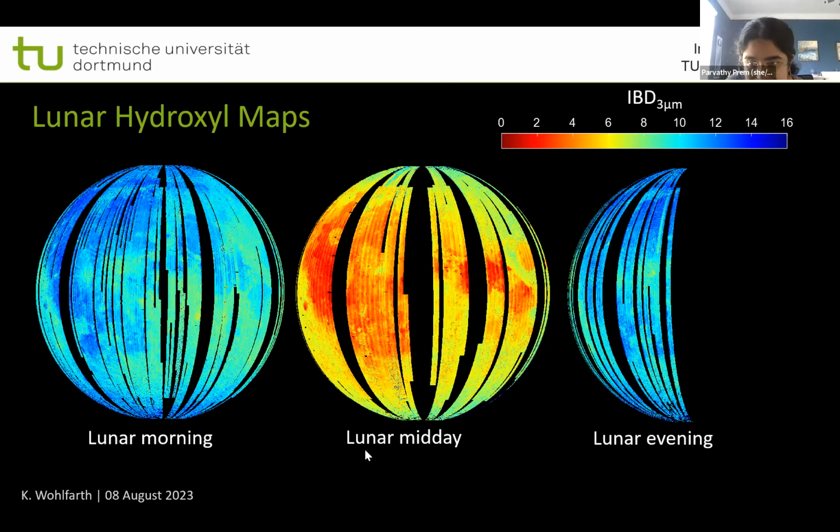But okay, so we have one question in the chat from Stefano Bertoni, who asks, when you talk about rough or smooth, what baselines or resolutions are you considering? So for the smooth model, smooth is flat. So there is no need for a baseline because it's simply a flat surface.